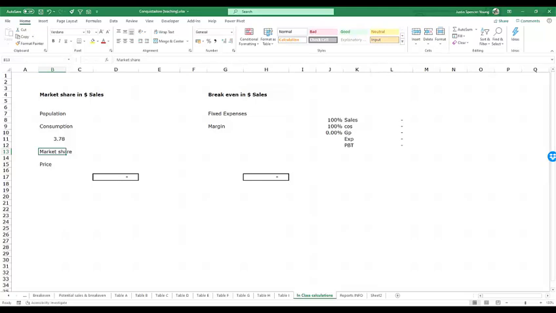Now, in the context of Conquistador, we definitely want to know what is the population of the area in which this franchise or this distribution agency is available. Then we want to know, do we have any information about how much do people drink, how much beer do they consume in this market, and then how much market share is Conquistador likely to get in this market? So that information is critical to us.